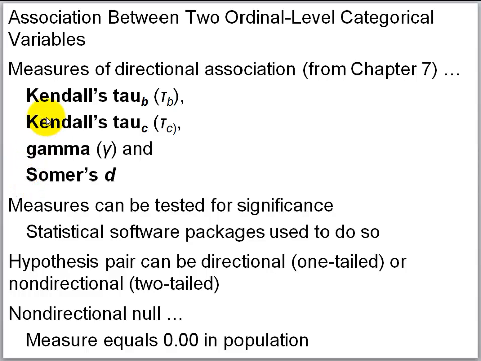And all of these measures can be tested for statistical significance, and you do so using statistical software. For each of these measures, the hypothesis pair can be directional or non-directional. The non-directional null for each of these is that the measure equals 0.00 in the population.